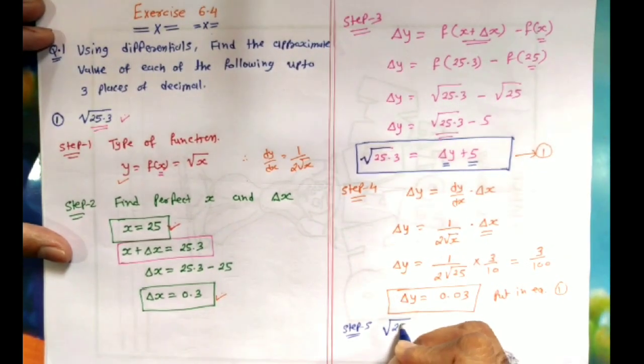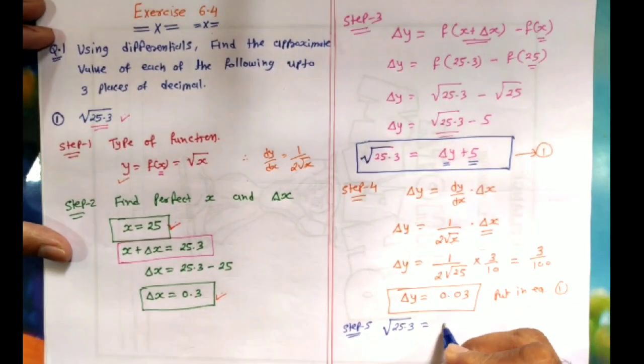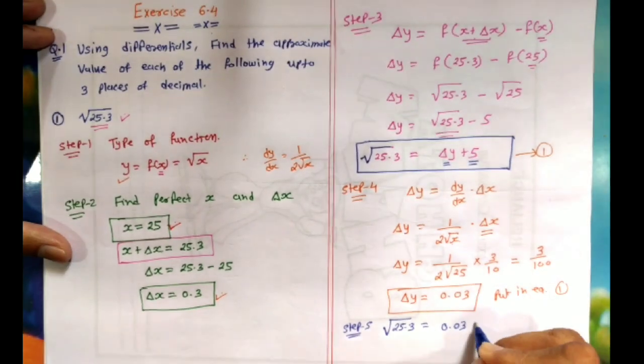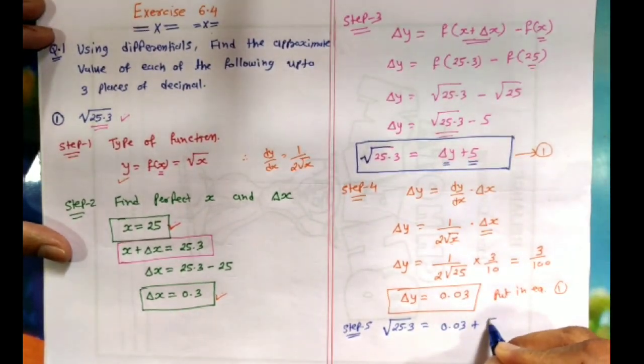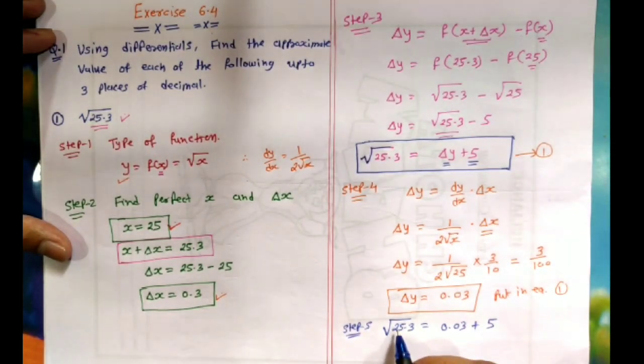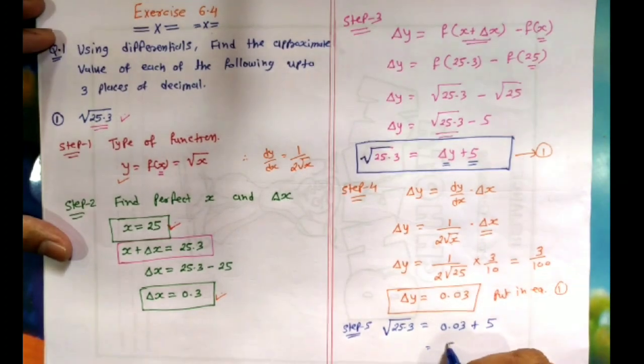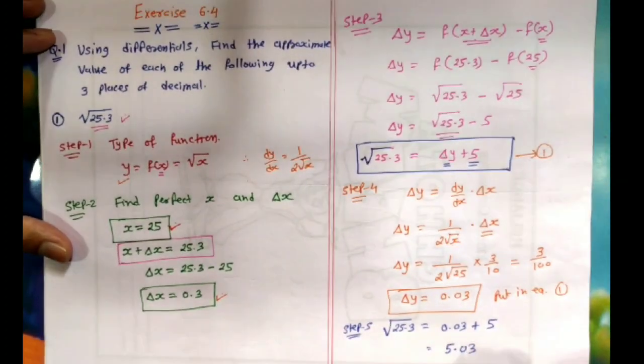So square root of 25.3 equals 5 plus delta y, and delta y is 0.03. Square root of 25 is 5, but this is the square root of 25 point something, so we are getting an answer which is 5 point something. So it's 5.03.